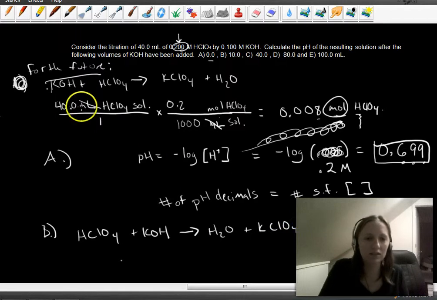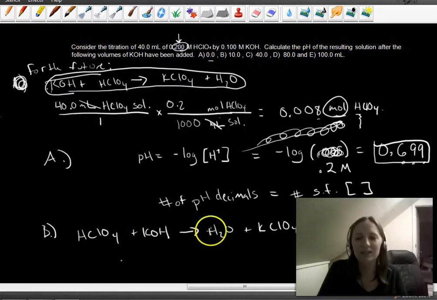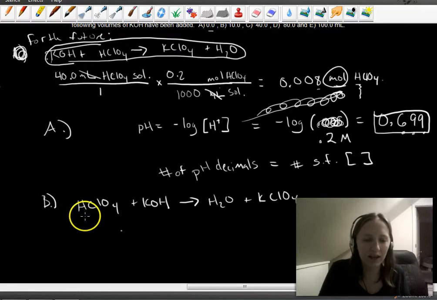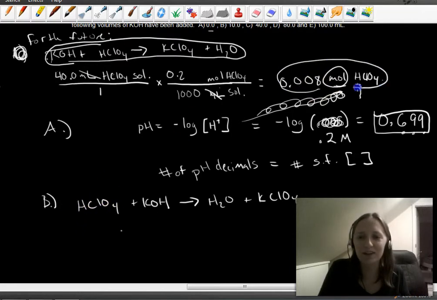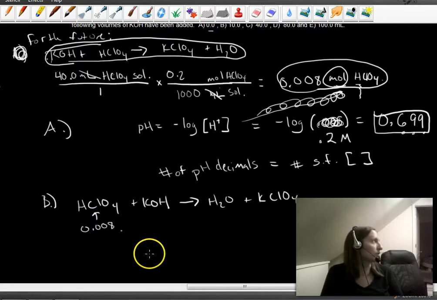This doesn't happen in part A, because in part A you haven't added any base. In part B you have added base, and you start off with this number of moles of perchloric acid, 0.008 moles of perchloric acid.